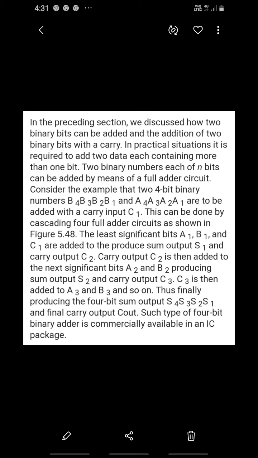In a practical situation, it is required to add two data each containing more than one bit. Two binary numbers each of n bits can be added by means of a full adder circuit.